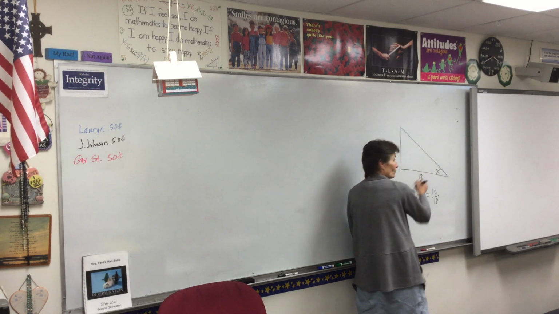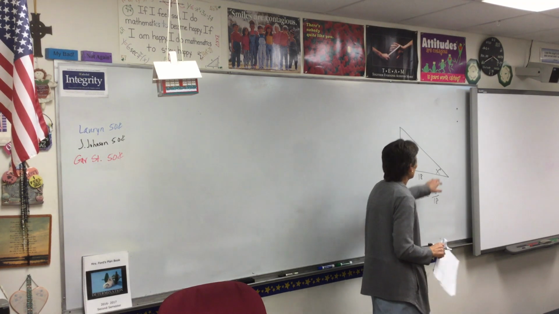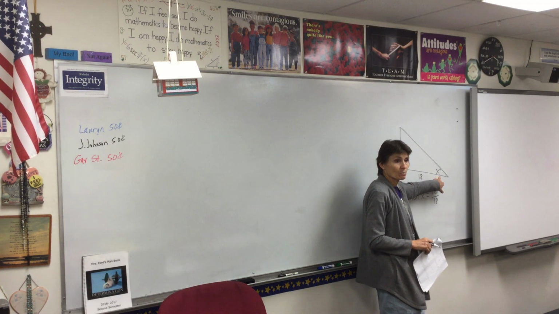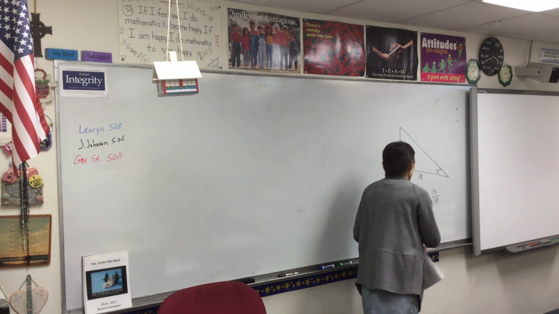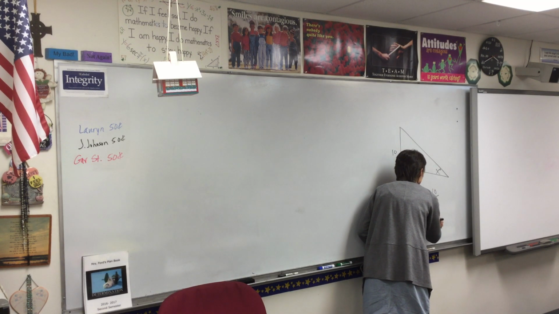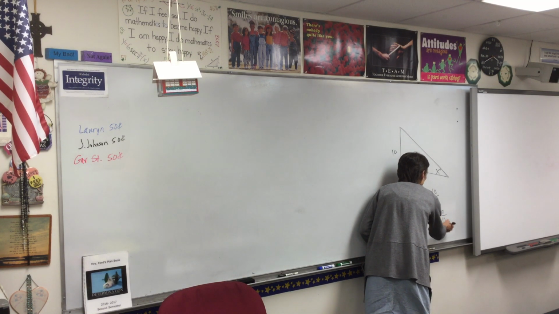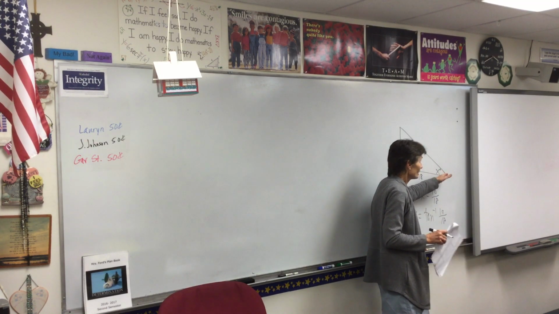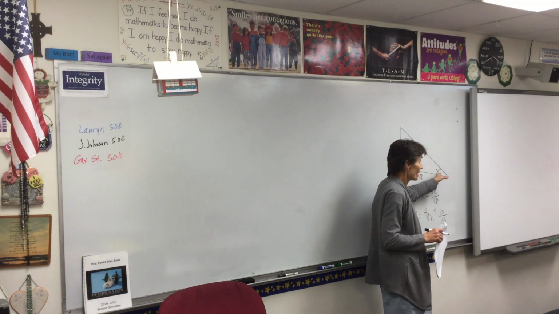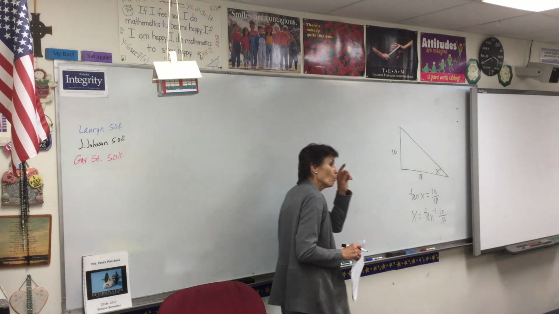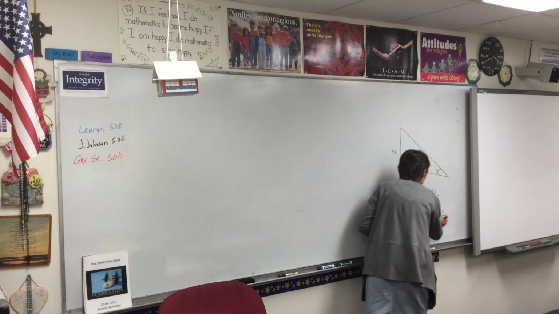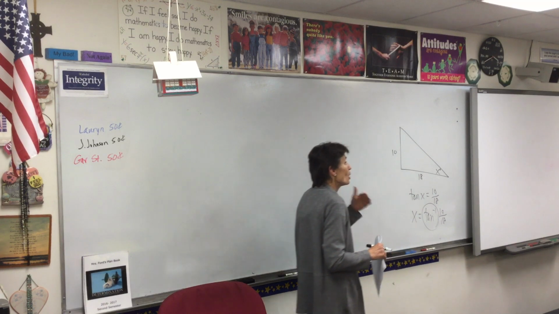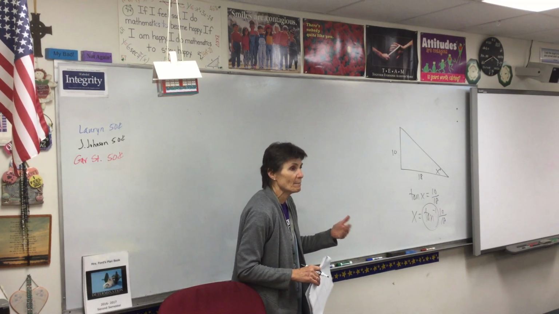Remember that? Opposite over adjacent? But when the angle was what we were looking for, we had to use our second tangent button. And when you did that, this came out to be an angle, like 38 degrees or something, right? So when you see this notation, you know your answer is going to be an angle.